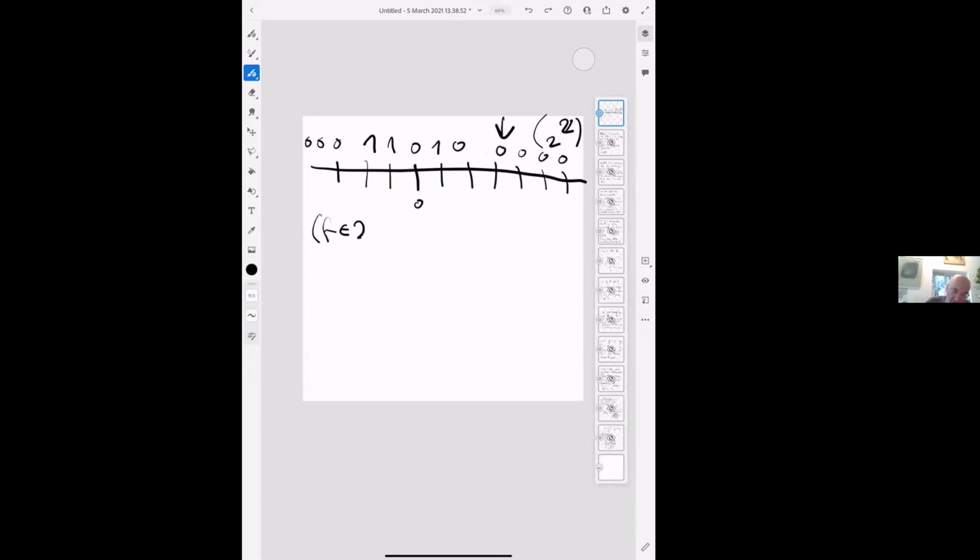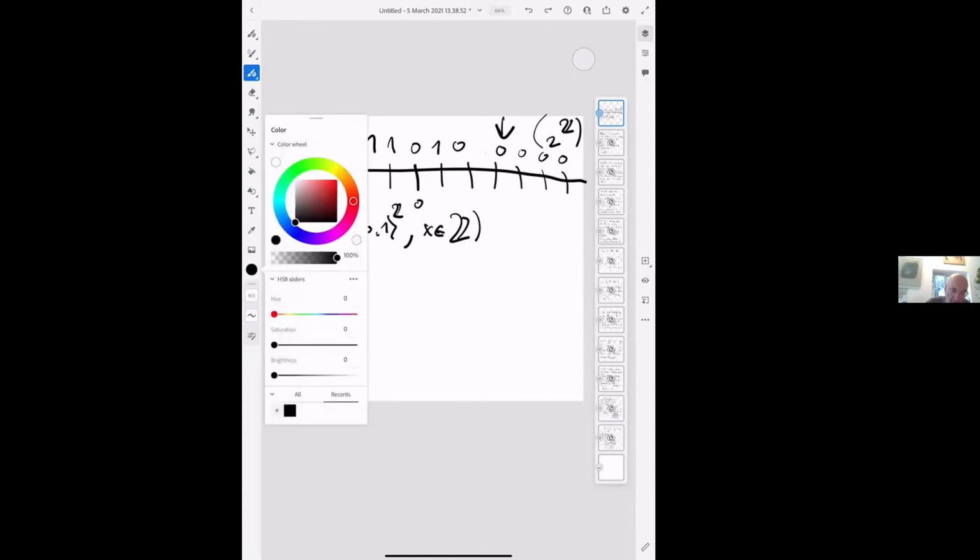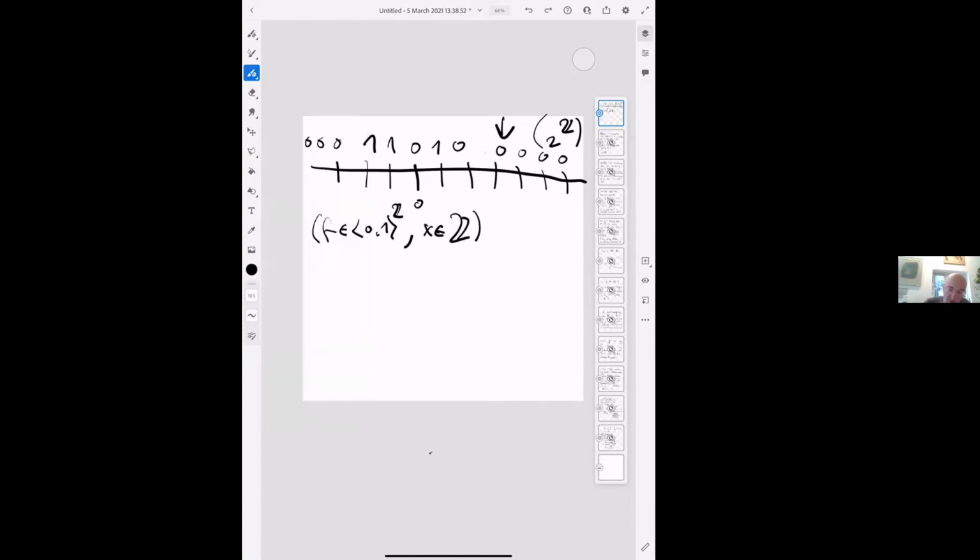An element is a function from Z to {0,1}, and some x in Z. These are the vertices, and by the way, these functions f have finitely many ones. And what are the edges in this graph?